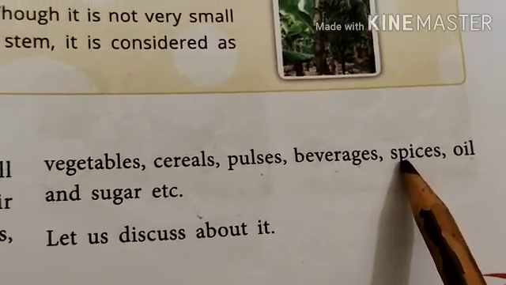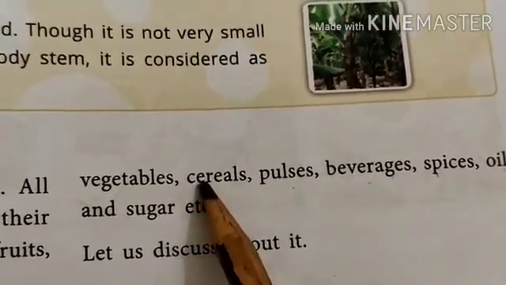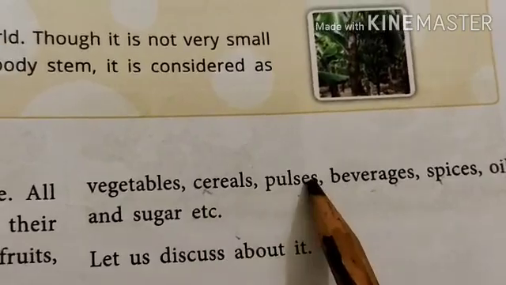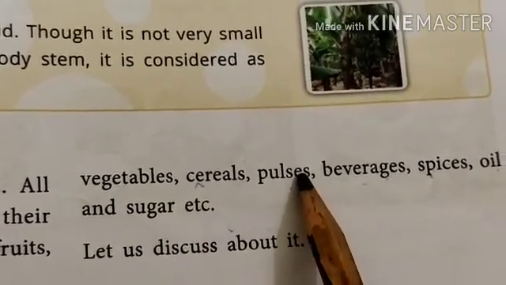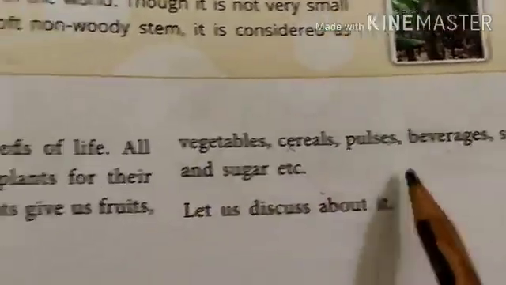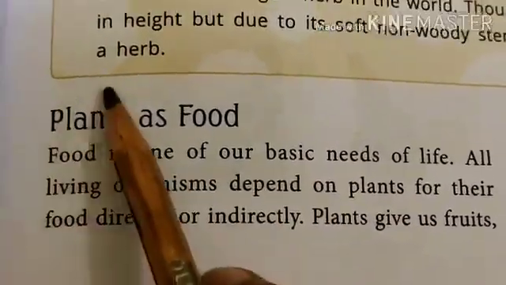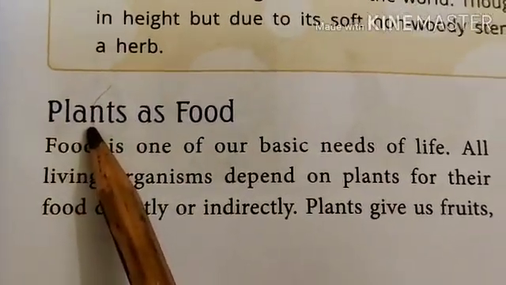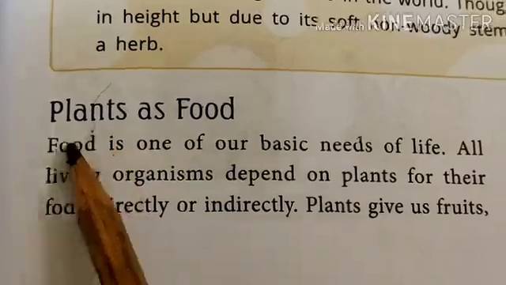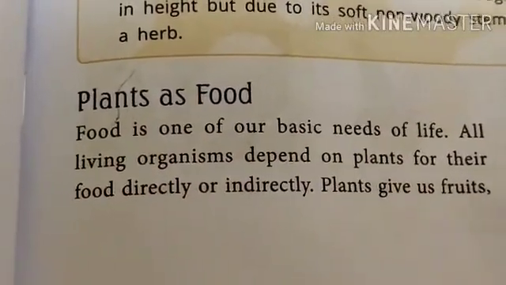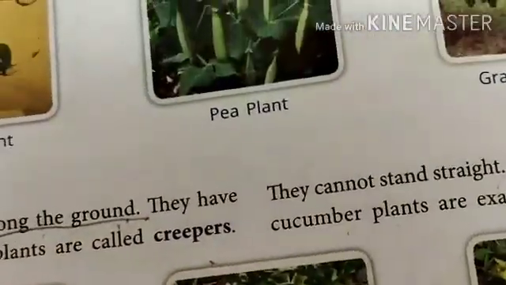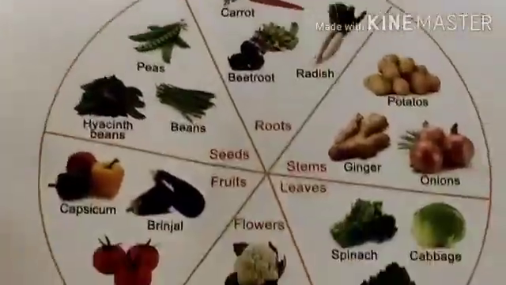Spices means the masalas. Cereals, rice, wheat. Pulses, different varieties of dals. So all these things come from the plants. Now we will see in detail how different plants are giving us different things.